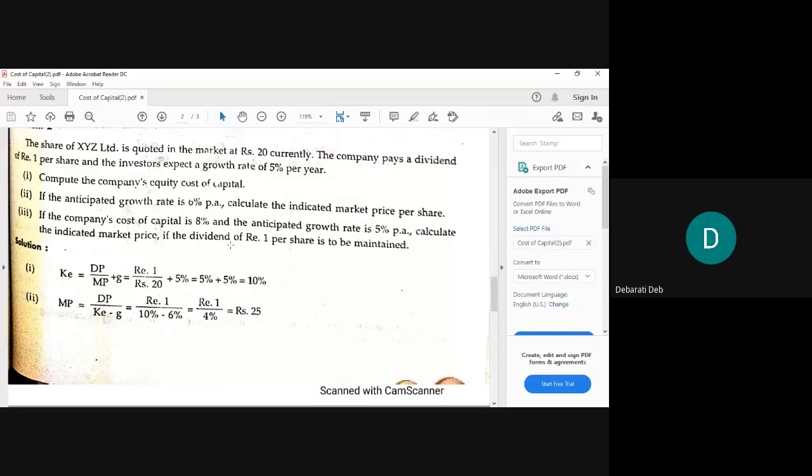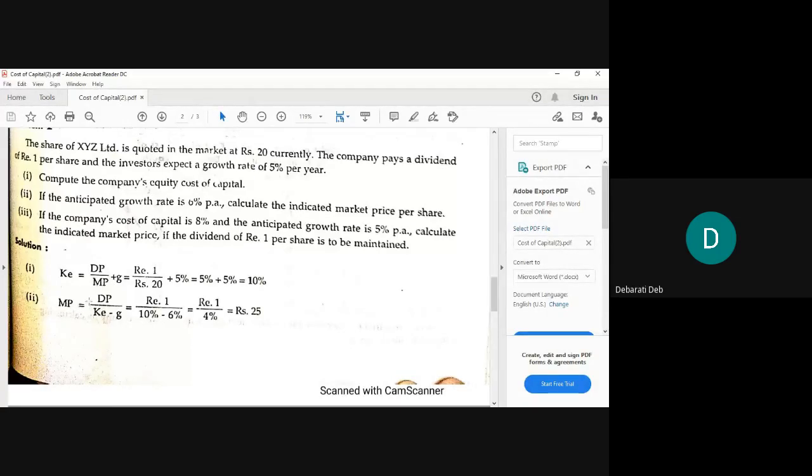Understood? It's easy. Now Roman 2, what is it? If the anticipated growth rate is 6% per annum, calculate the indicated market price per share. Now, see, all of you look at the screen. This equation, KE equals to dP by MP plus G, is an equation.